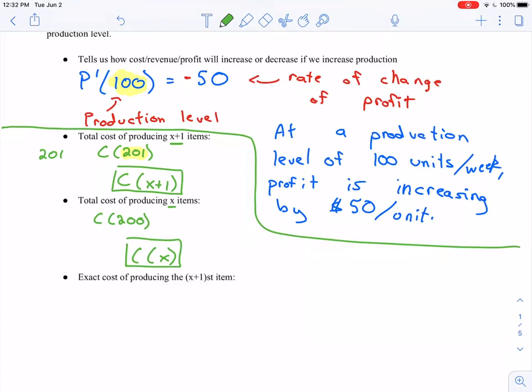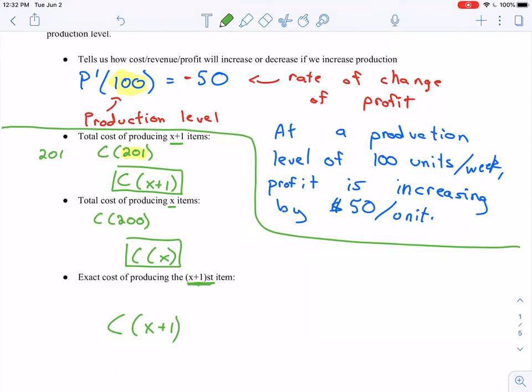Sometimes I'm interested in determining the exact cost of producing the X plus first item. So if I choose to increase production by 1 unit, what is that going to do to my costs? How much is that going to effectively cost me? And I can't just say C of X plus 1, because then that's going to tell me the total cost of producing X plus 1 items or 201 items.